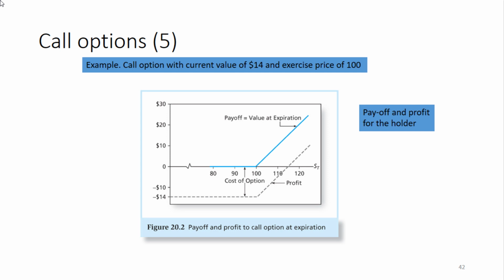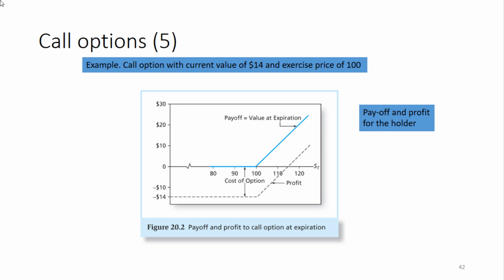Even if at maturity the exercise price is equal to the underlying, you lose the full $14, and you begin to reduce your loss if the spot price of the underlying asset at maturity is higher than the exercise price of 100.